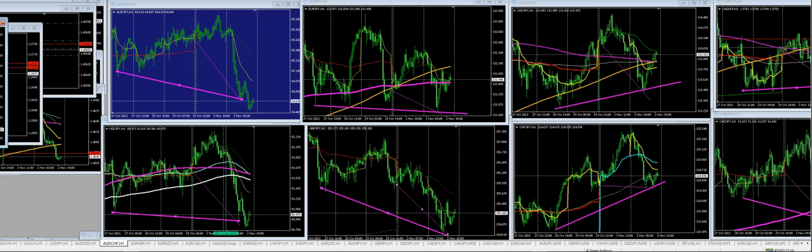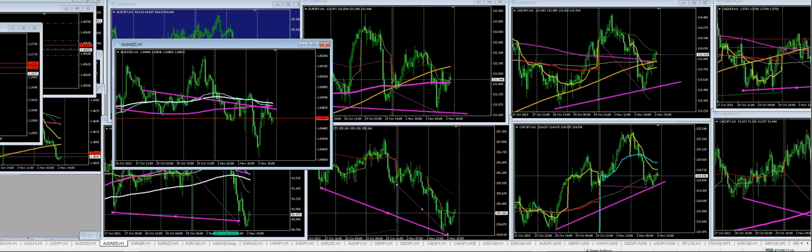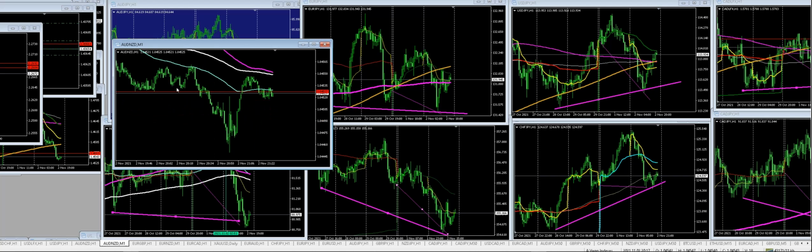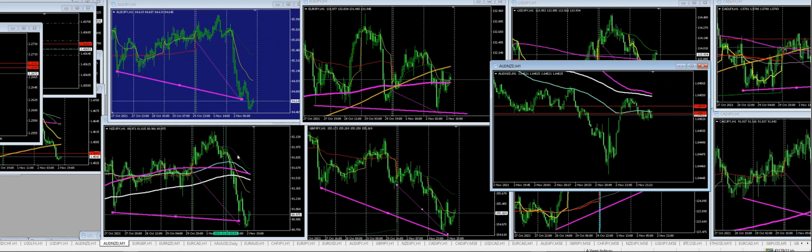We'll put in Aussie New Zealand here. Where is Aussie New Zealand? We'll do the same thing here. We know this red line here, I believe price should keep dropping from this red line. As long as it does that, we know that this original deal is still unfolding.